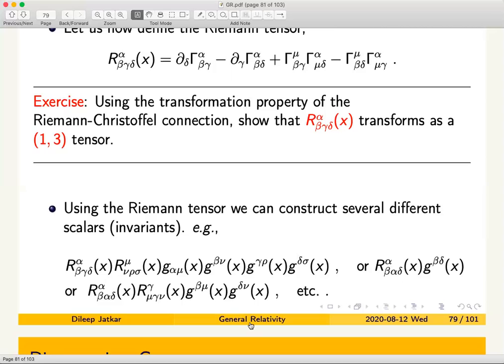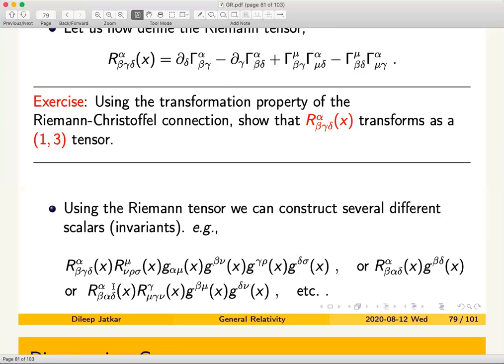Or you could write down something more complicated, where you have index alpha contracted here and index gamma contracted here, and then beta, delta and mu, nu could be contracted using some metrics. Now clearly you can easily imagine that the number of such scalars, or such invariants, that you can write down is infinite.